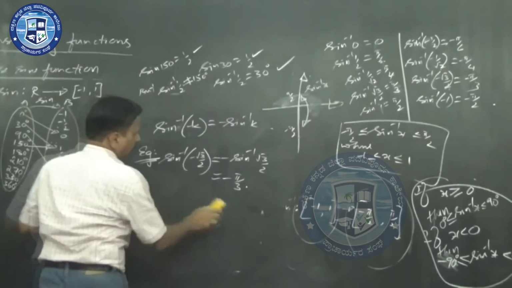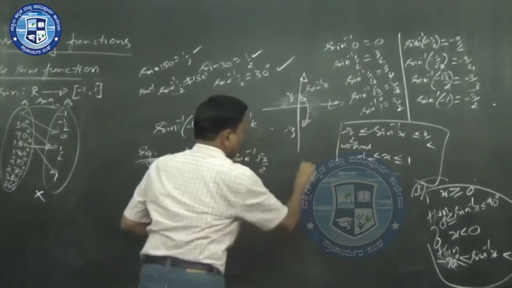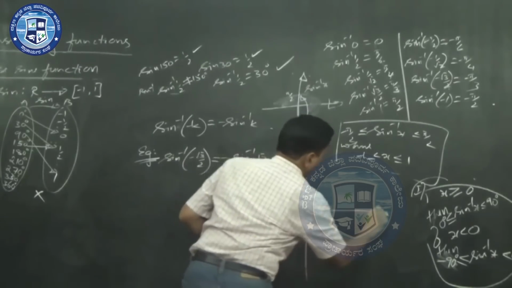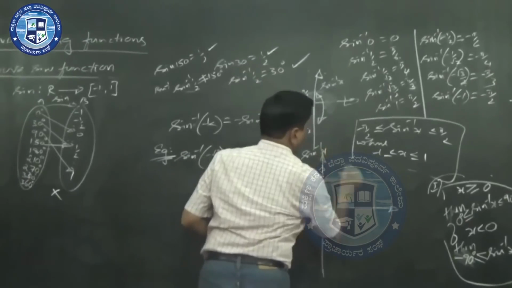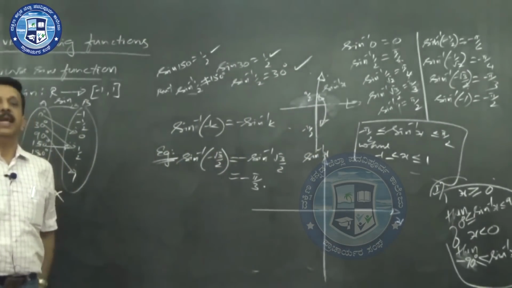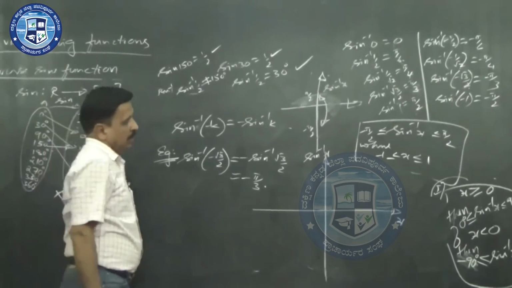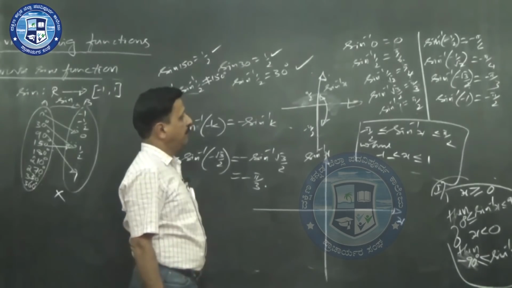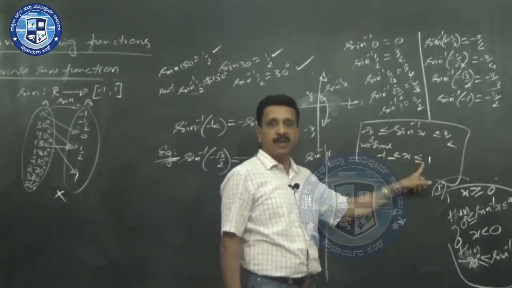Let us try to draw the graph, no? That will give you a clear picture. Say I am trying to draw the graph of sine inverse x versus x. You have a restriction for x values. x values must lie between minus 1 and plus 1.